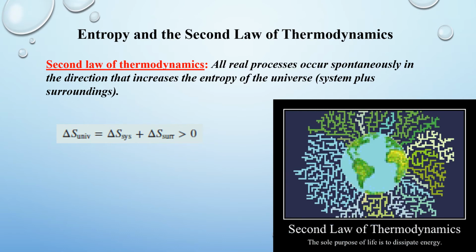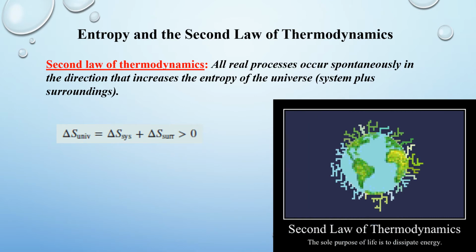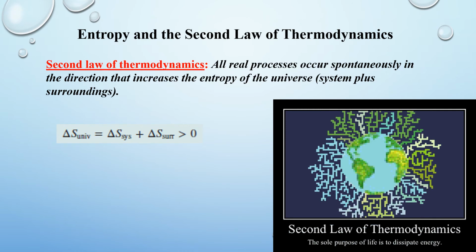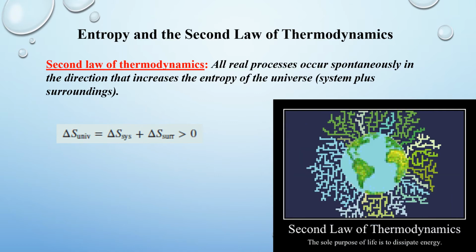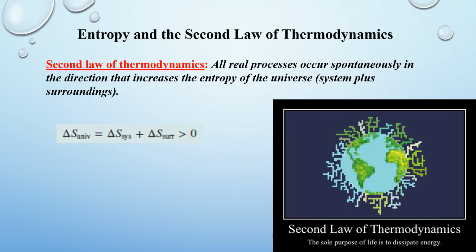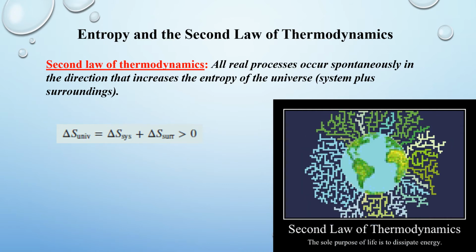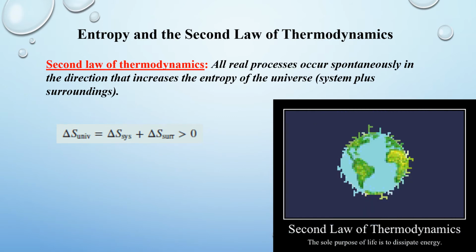Because some of these isothermal processes, under given conditions, could be exothermic. If you just look at that system, it might have a delta S less than 0. For example, when water freezes at 0 Celsius, it could be spontaneous, but the delta S is less than 0.